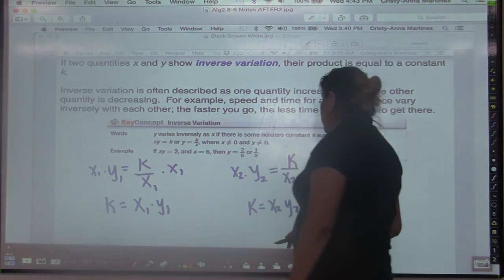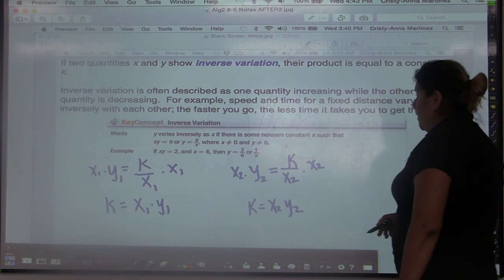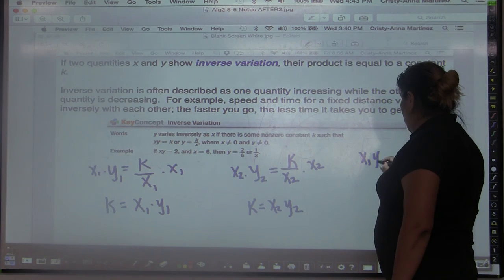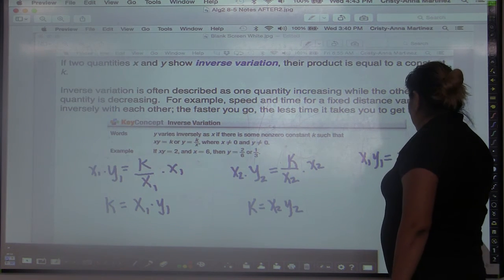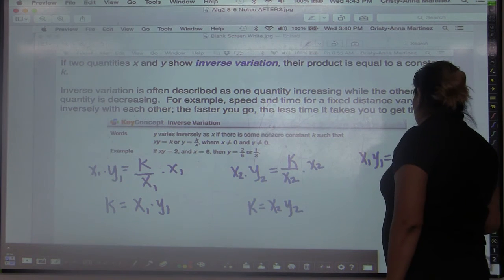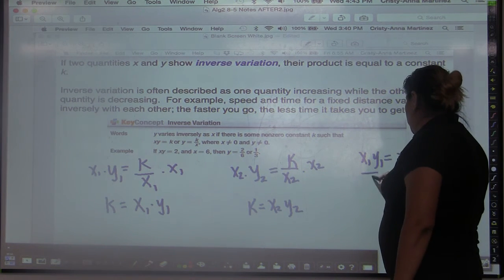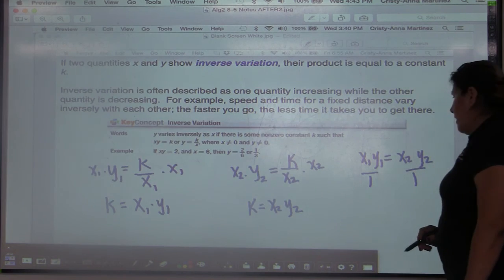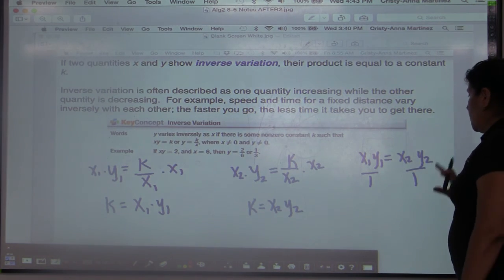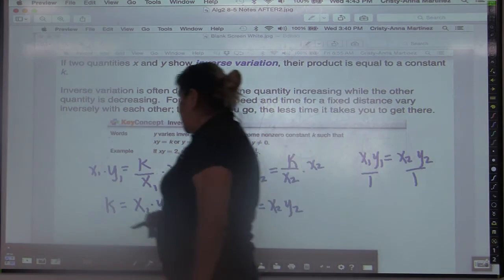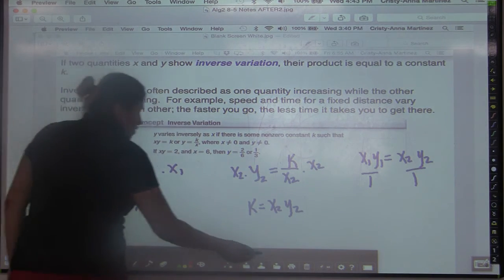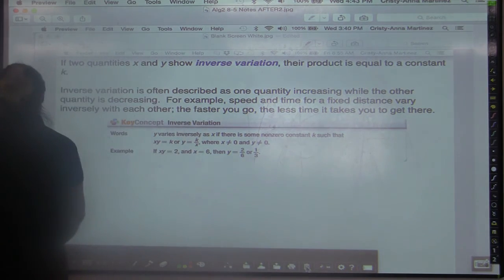So in this case, we don't necessarily get a proportion, but we know that x1 y1 should equal x2 y2. And you could make it a proportion if you put it like that. But there you go.